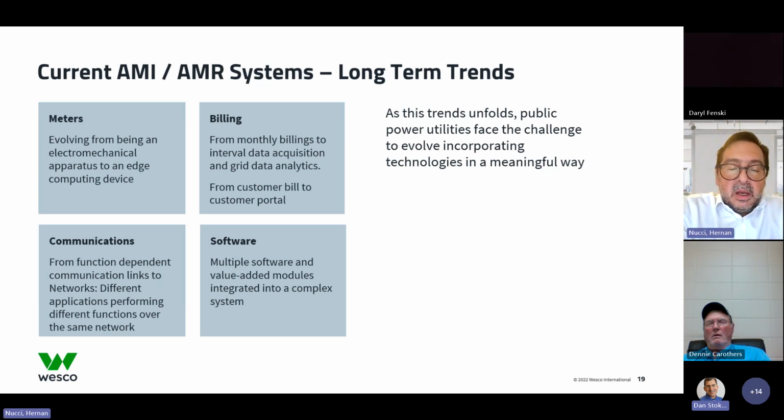One that is key, and for me it is one of the long-term trends that most of the customers don't get a grasp of yet. We evolved from communication links tied to a function, for example, push to talk, a serial link to a switch, or a fiber just linking two substations.